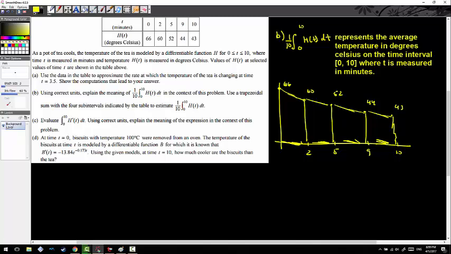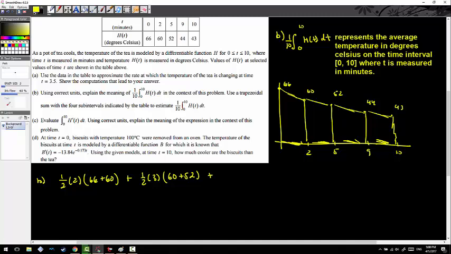So what I've got here is, it's going to go B continued. The first trapezoid is 1/2. Well, what's the height of the first one? Looks like the height is 2. Base 1 is going to be 66 plus 60 being the second base. Then I'm going to add that to the next trapezoid. Well, it's going to be 1/2, height is 3, first base is 60, next base is 52.